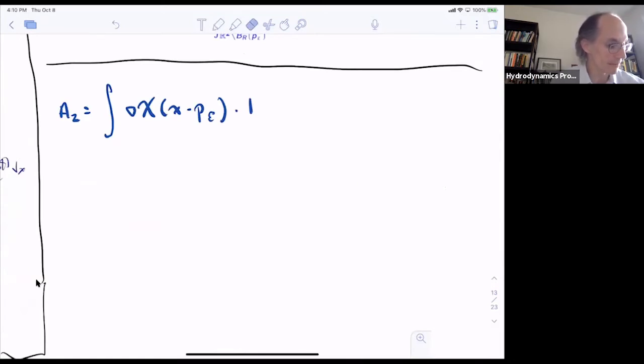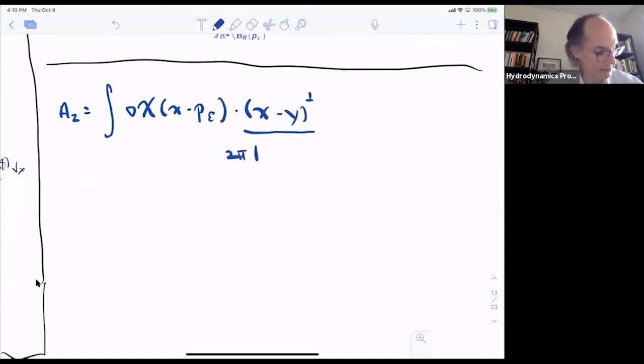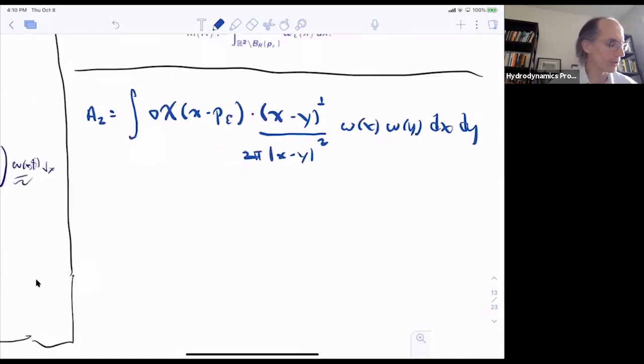It's x minus y orthogonal divided by 2 pi times the modulus of x minus y squared, omega of x, omega of y, dx dy.